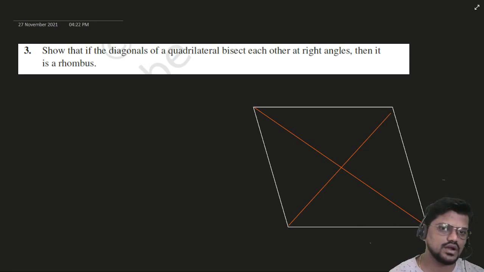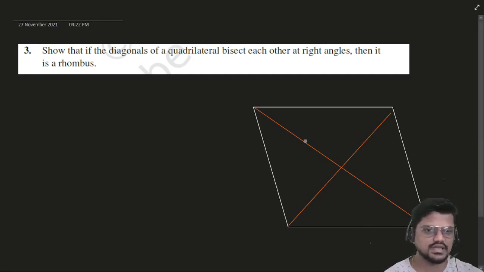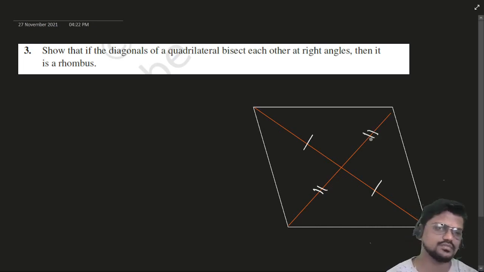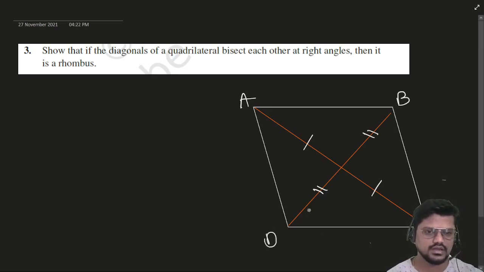If the diagonals bisect each other, this is equal to this, and this side is equal to this side. Now consider AOB and DOC. These two sides are equal, and also the angle is equal. Therefore, the two triangles are congruent by SAS test.